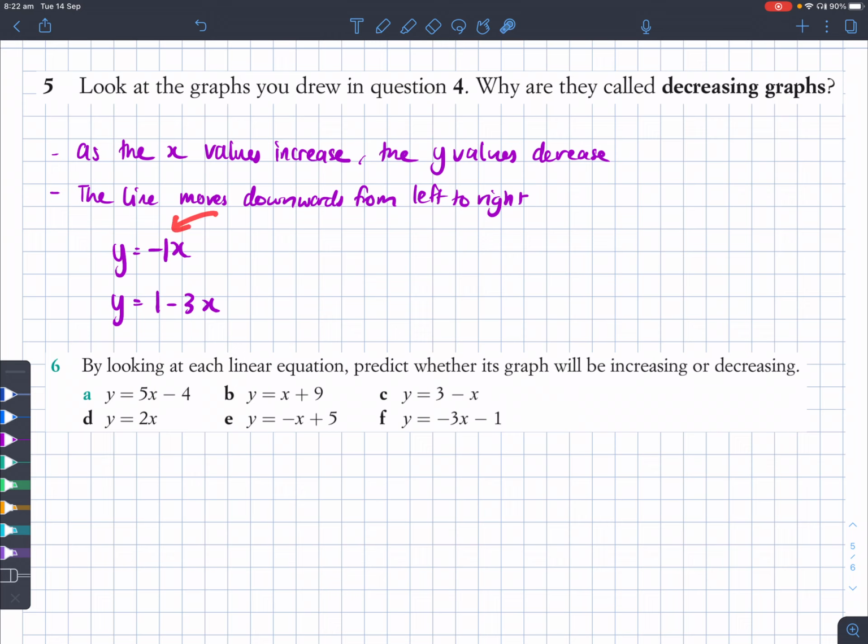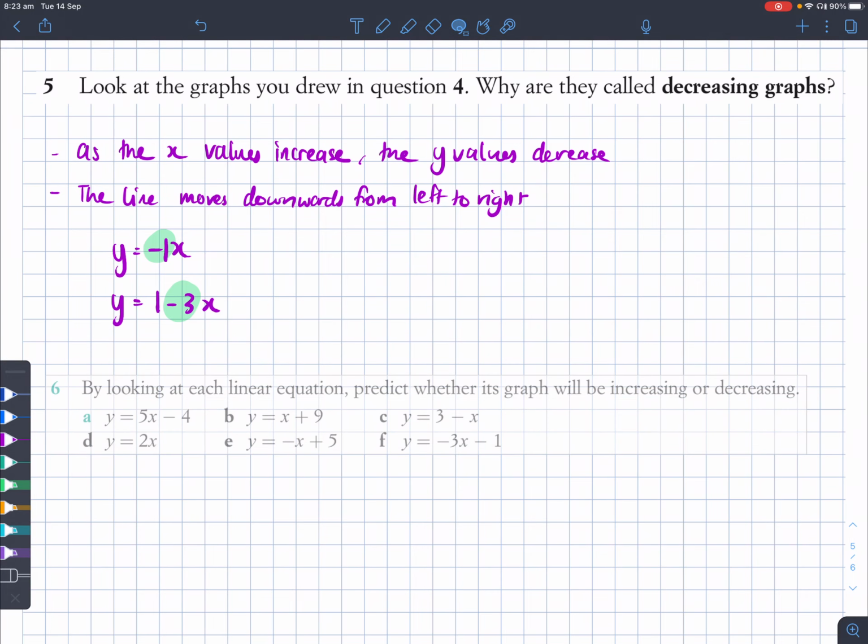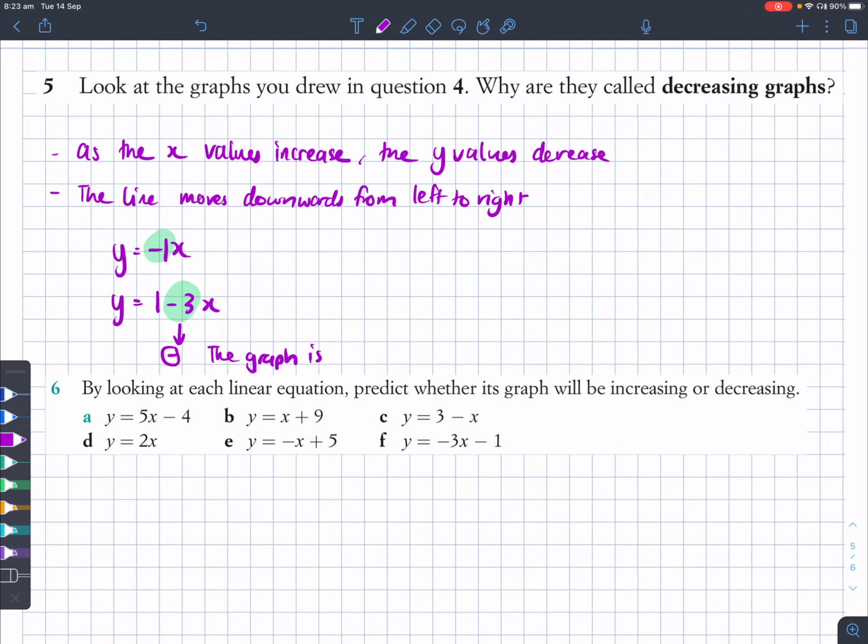In this case, it's a -1, and the other one is a -3. Because those two numbers are negative, that means the graph is decreasing. If it's positive, that means it's increasing.